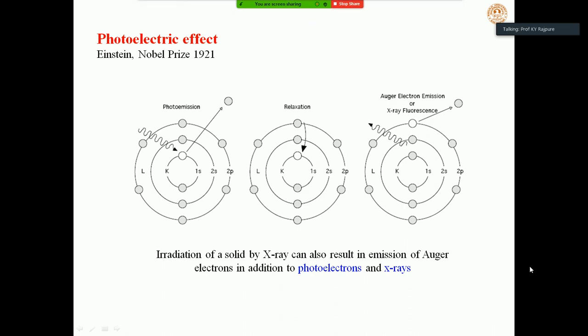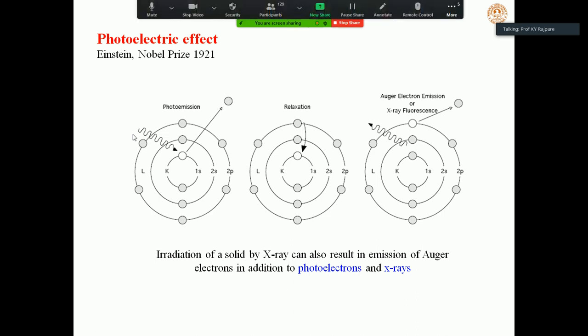So when we illuminate a material with X-rays, the energy of these X-ray photons is of the order of 13.6 electron volt or so, or even greater than that.